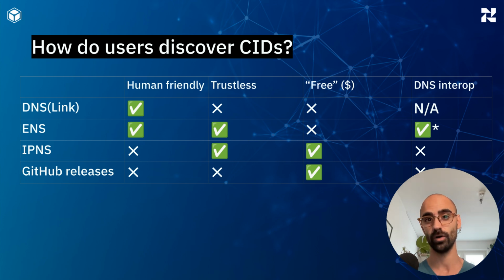We've been doing some work and research into making that a bit more feasible. And there's also just using GitHub releases, so Uniswap and some of the other front ends in the Ethereum ecosystem will publish CIDs for every front end release they make on GitHub.